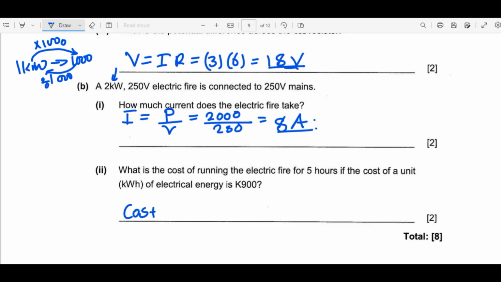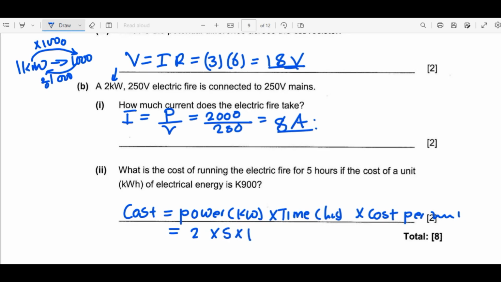Cost is equal to power, in kilowatts, times the time in hours, multiplied by cost per unit. So 2 times 5 times 900, I'm getting 9000 kwacha. This is how we can answer this section.